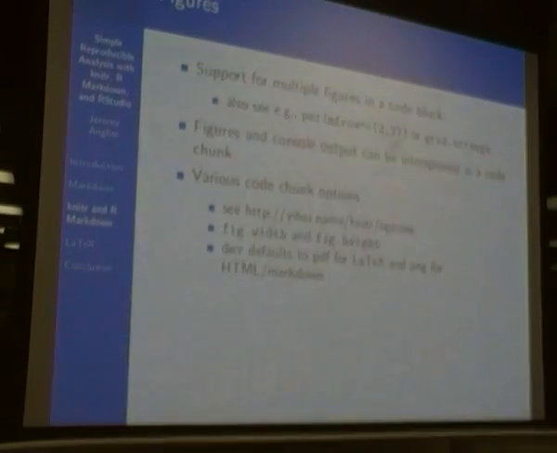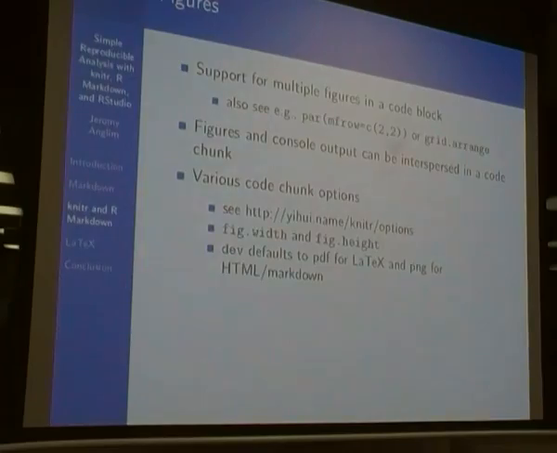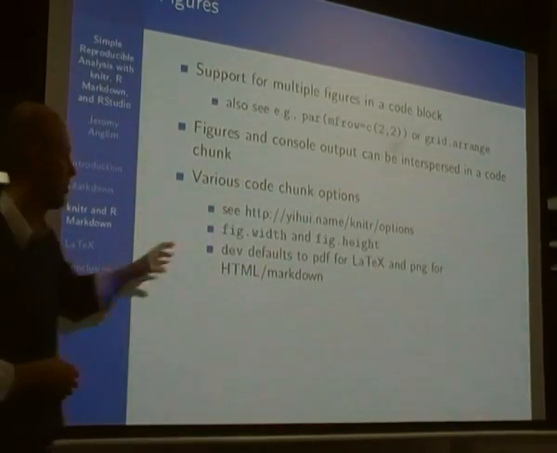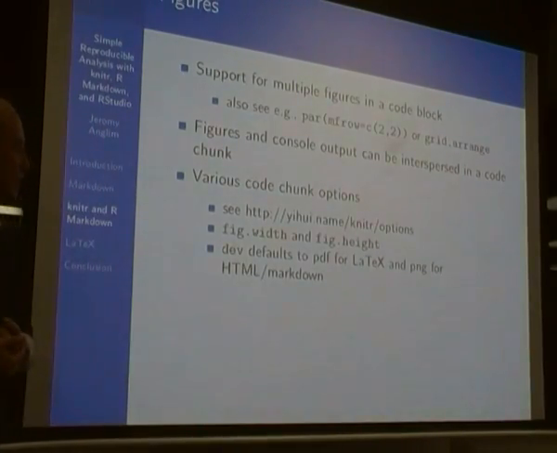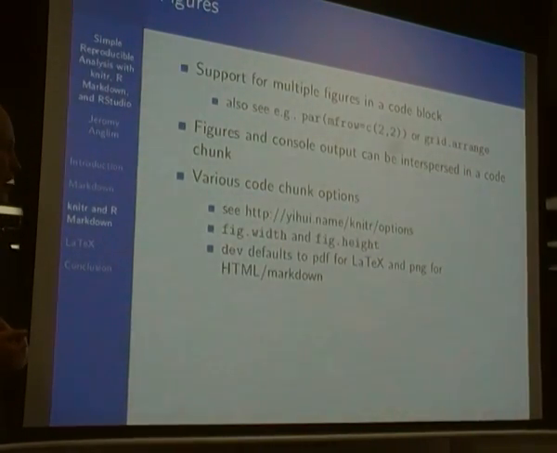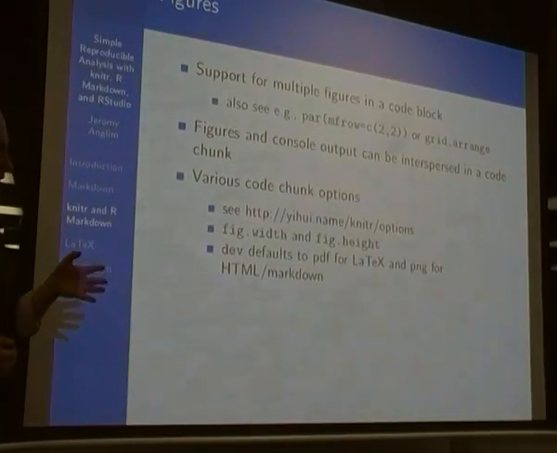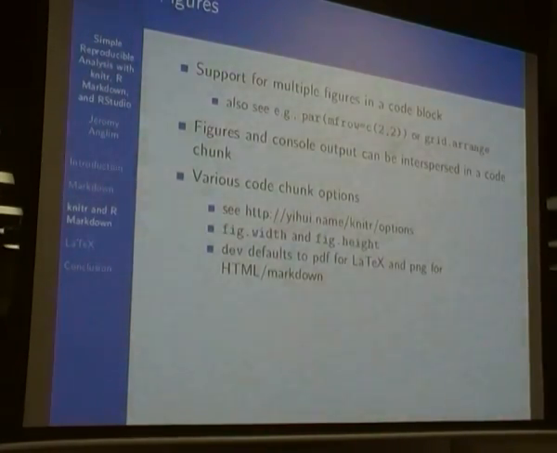As I said, you can incorporate multiple figures, and it can be interspersed with console input and output. There's lots of options. You just go to the website, you'll see some of these options, width and height, and you can use different devices, PDF, PNG, and there's a bunch of others I haven't looked into.